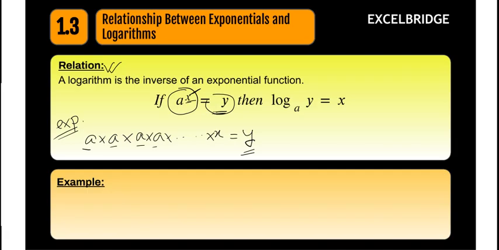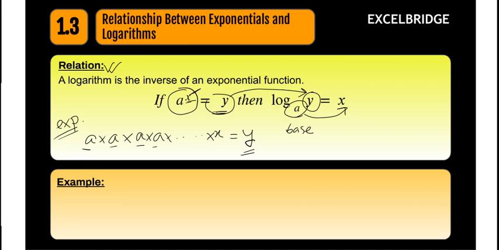Okay, and what is a logarithm? A logarithm tells you what power you need to get a number from a given base. That means this is the base and this is the result from the exponent, and you have to multiply a for x times, and then you will get the number y.